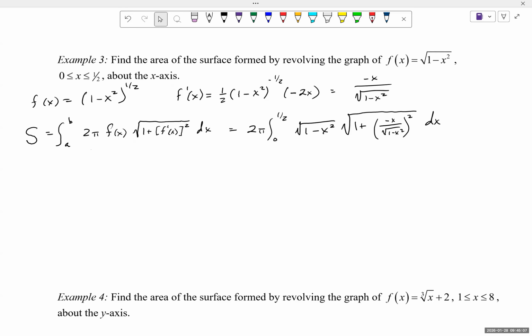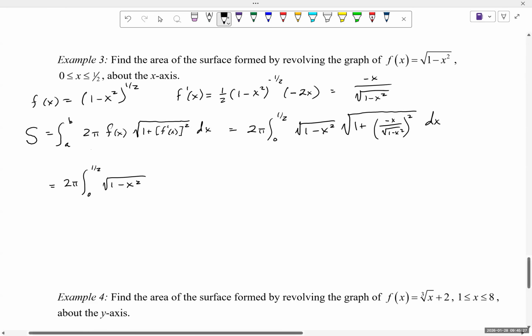We have a function of x. We rotate about the x-axis. That means that the radius here for our circumference is f of x. How do you guys want to simplify this? Okay, square top and bottom. So we're going to have still the square root of 1 minus x squared. In here, we're going to have 1 plus x squared over 1 minus x squared dx.